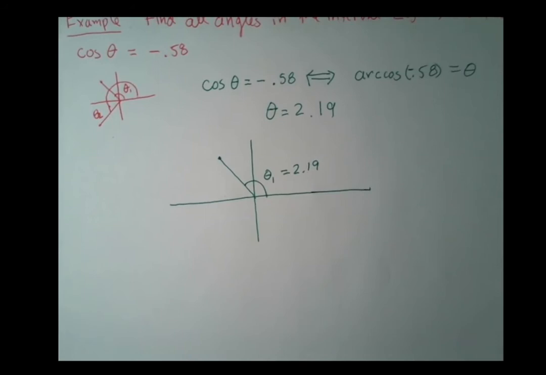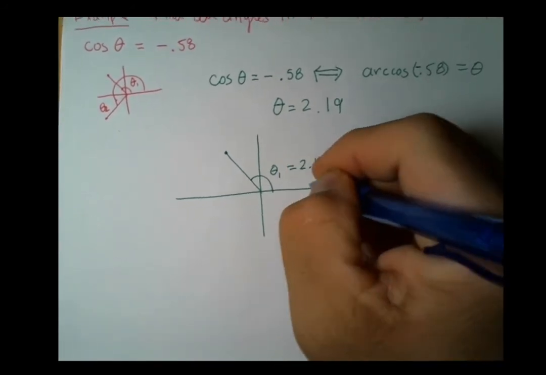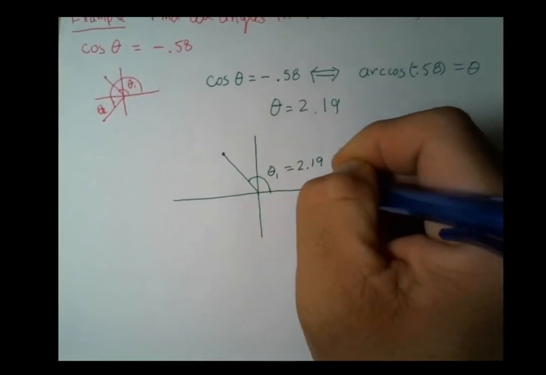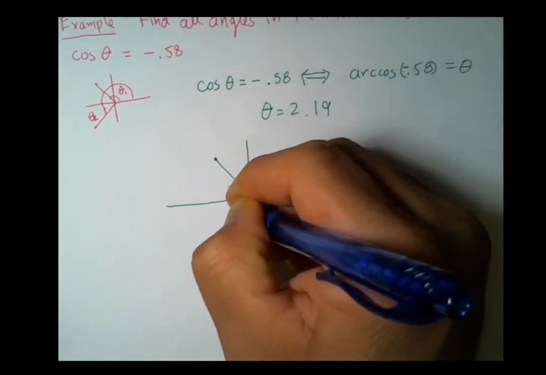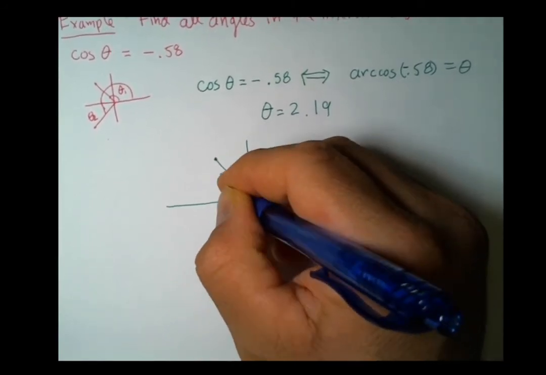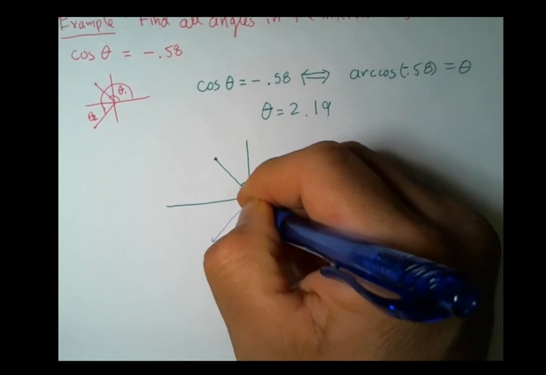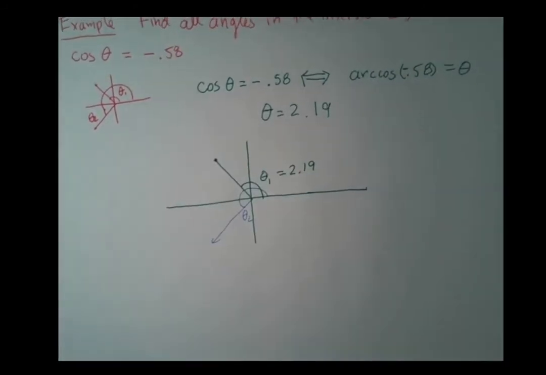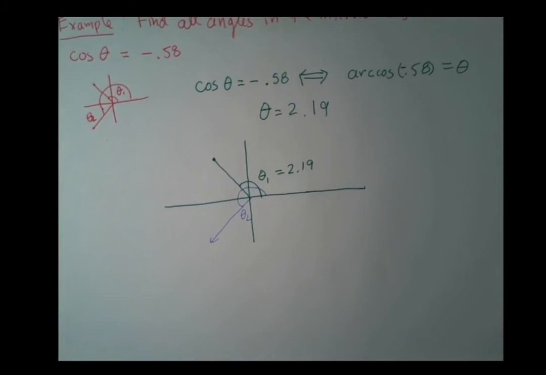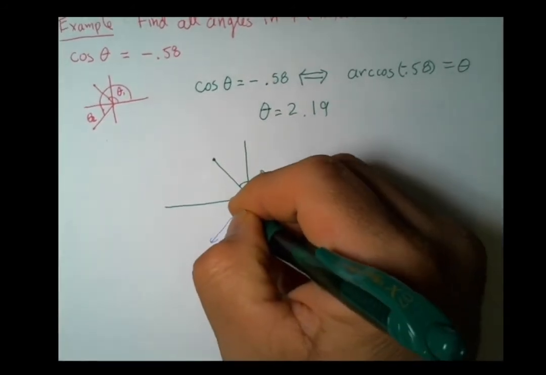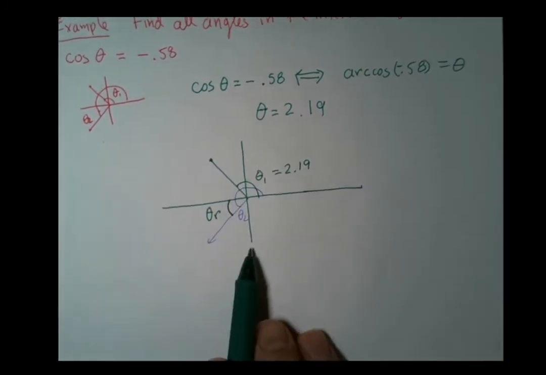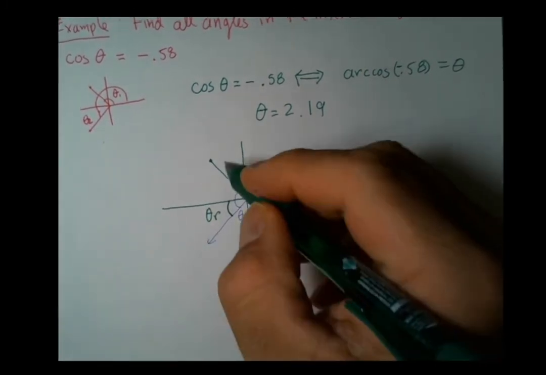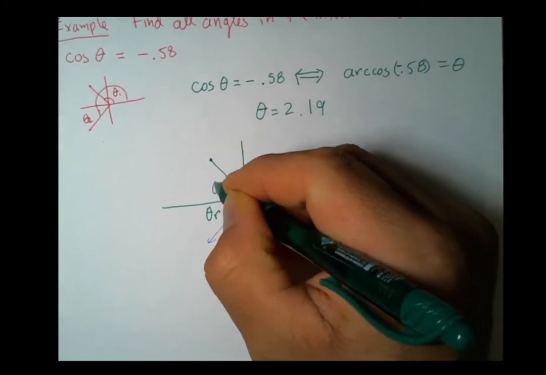Now, how can we find theta 2? Theta 2 is somewhere right here. This is going to be theta 2. Well, I need to find what theta r is. This value here is our reference angle, and this value here is also our reference angle.